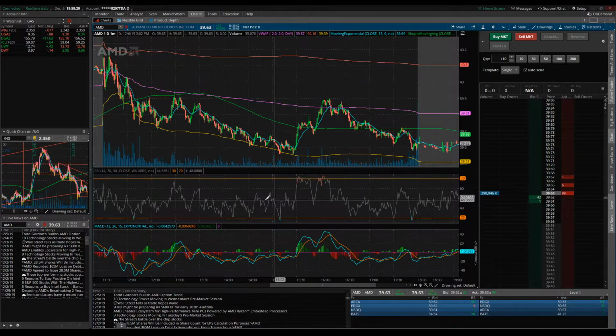Then down here I have the RSI. I have set it on a small amount of time, because that's what I use to check for divergences, or for quick movements on price.